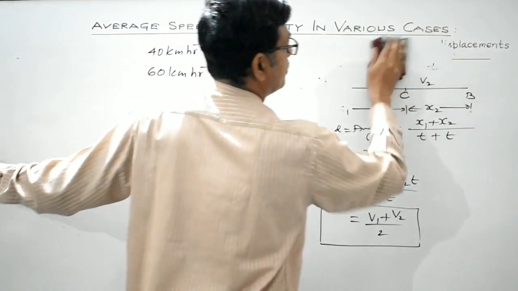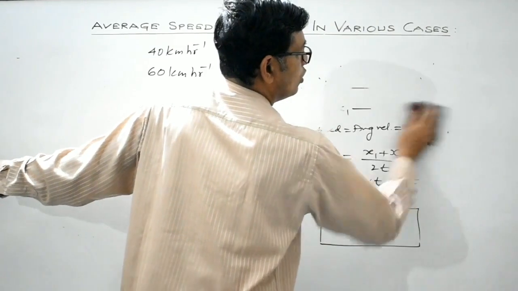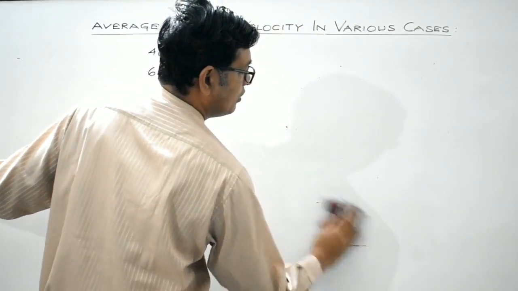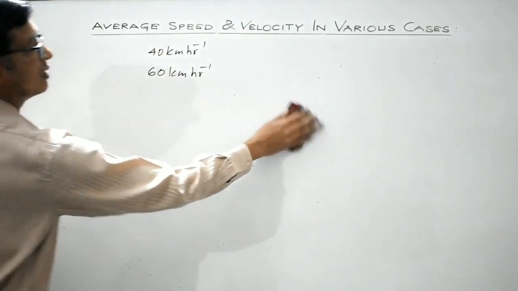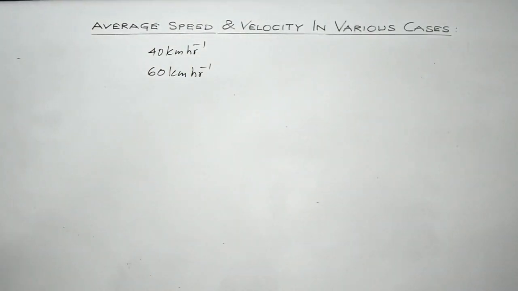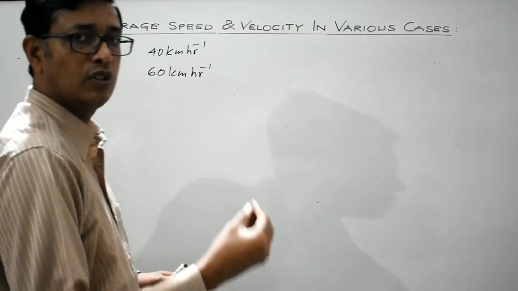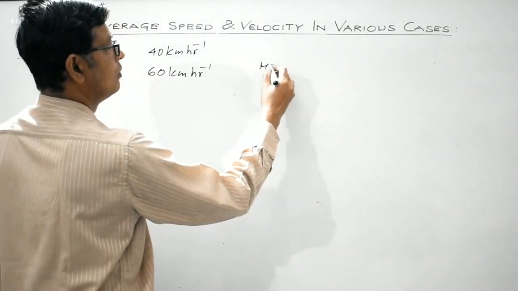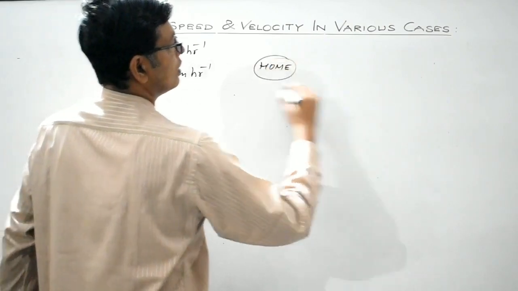Let us consider a person who goes from his home to market with a speed of 40 km per hour, and finding the market closed, he comes back to his home with a speed of 60 km per hour. This is home and this is market.